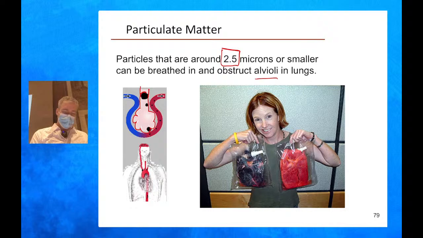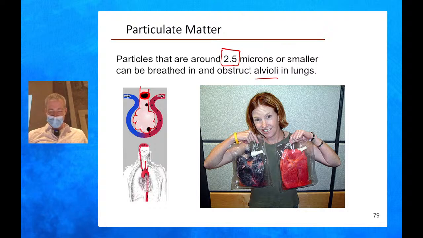They're about the right size to clog up the entrance to these alveoli, which makes it so air can't easily get back and forth, and your lungs have a reduced capacity to extract oxygen from the air. If the particles are smaller than that, they can slip in and out, no problem. If they're larger, they don't get wedged in there in the first place. But around 2.5 microns is the magic bad size that you don't want getting in.